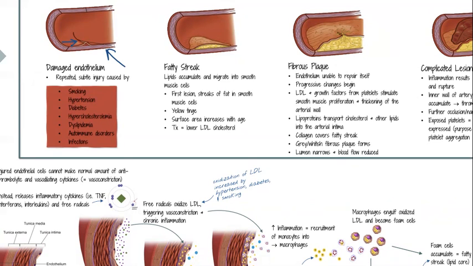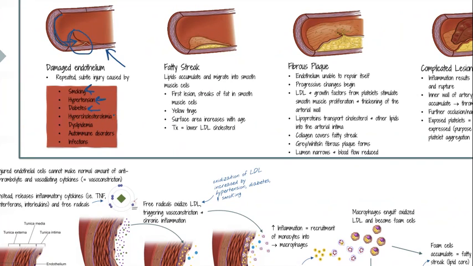It's like a repeated subtle injury, and it most often is caused by smoking, hypertension, and diabetes. We'll talk a little bit more about those risk factors later, but just so that you have an idea, those are the main things that are causing this injury to the endothelium. And remember that endothelium is just the inner layer of this vessel. We'll talk about that a little bit more as well.